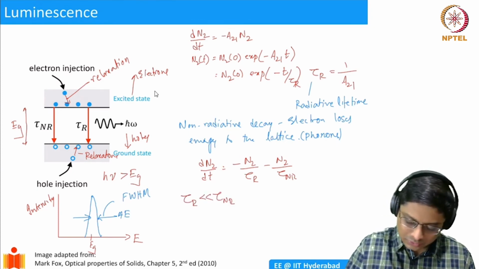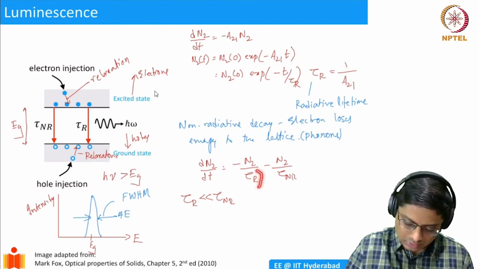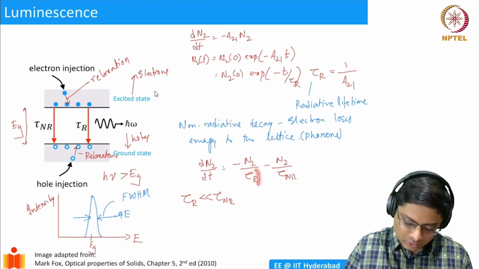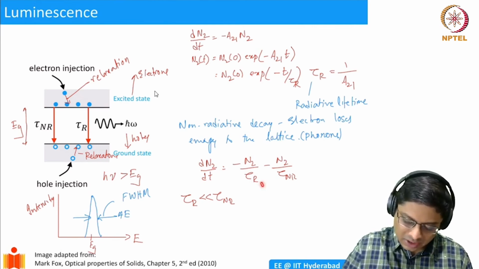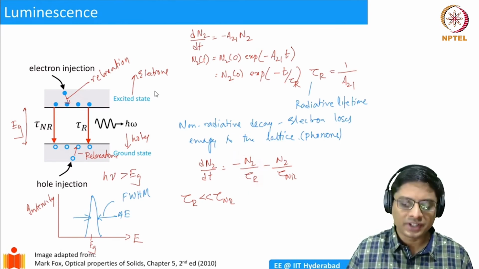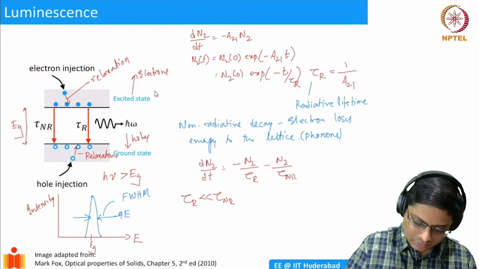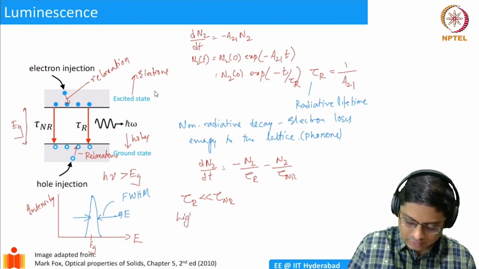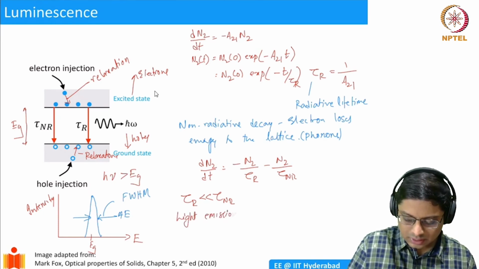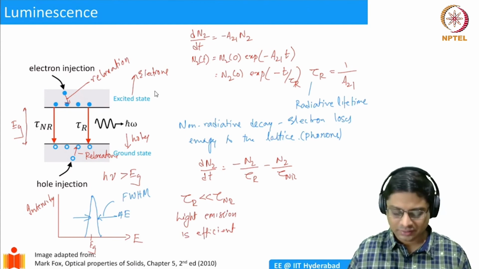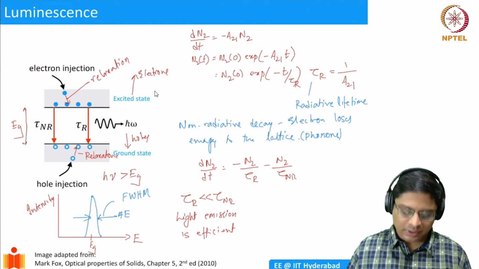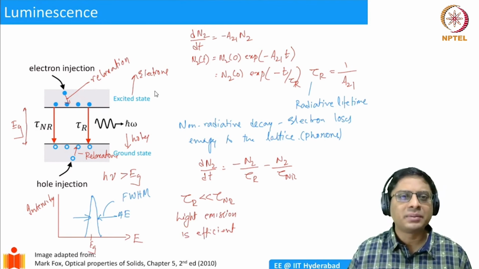When tau r is small, this rate is going to be large. That means light emission is efficient. In a way we are saying that A21 is large, indirectly. You want to quickly emit photons.